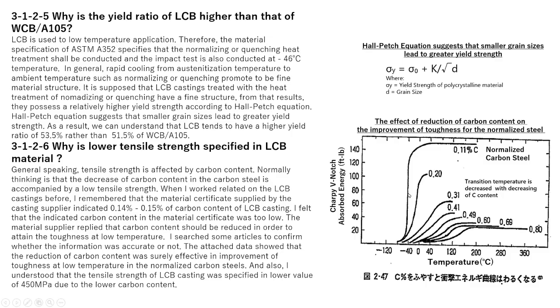So we consider low temperature toughness, and transition temperature is something considered. The temperature at which ductile fracture and brittle fracture are around 50-50, that point, we call the transition temperature.